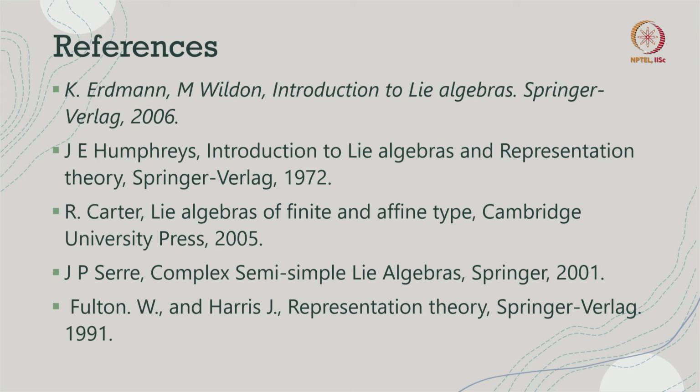Both these books I would recommend for graduate level students. You can read Humphreys and Carter as second reading books. First, I would suggest you start with Erdmann and Wildon.